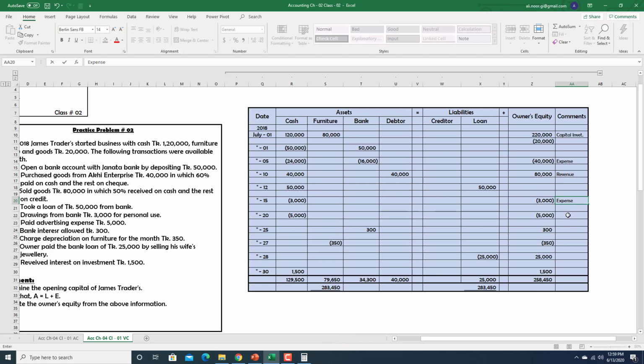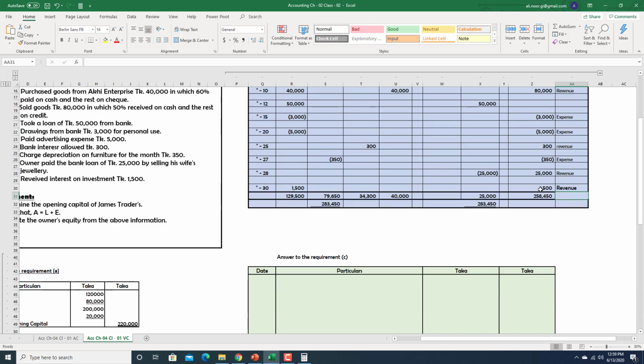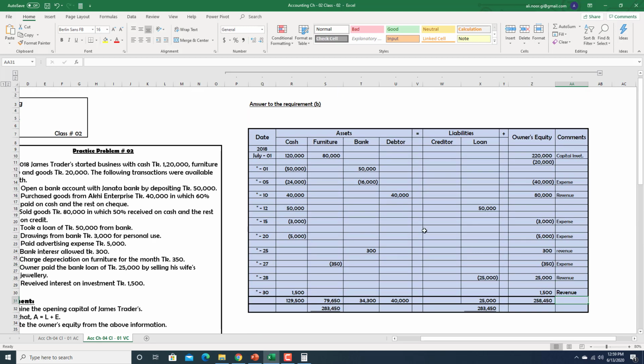And this is also expense, or let's write only expense. This is revenue. Expense, and this is revenue, and this is revenue also. Okay, right. So here's the solve of requirement B.